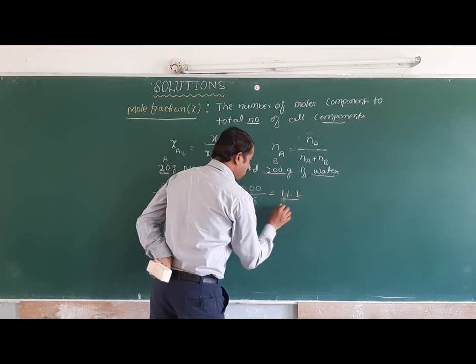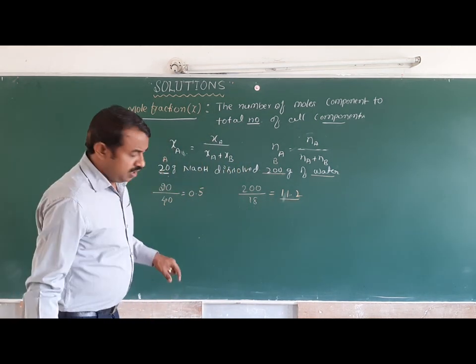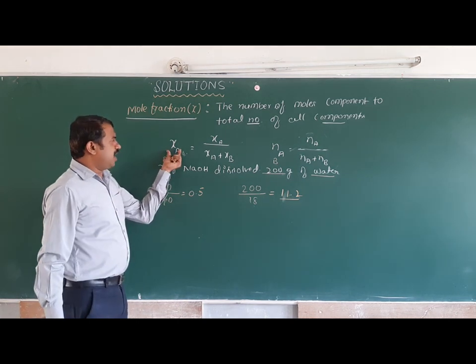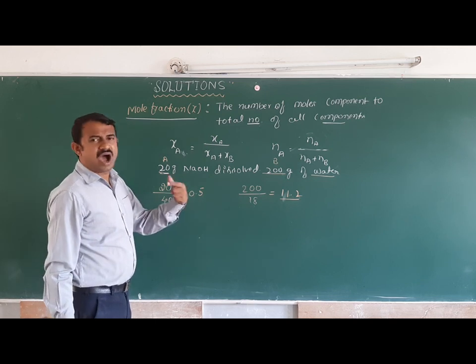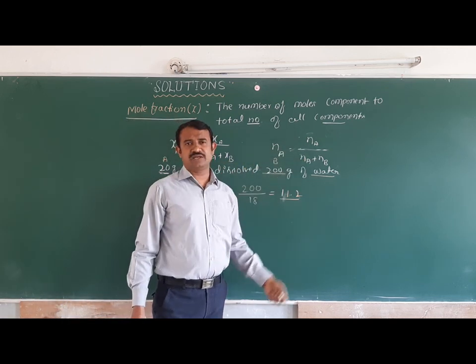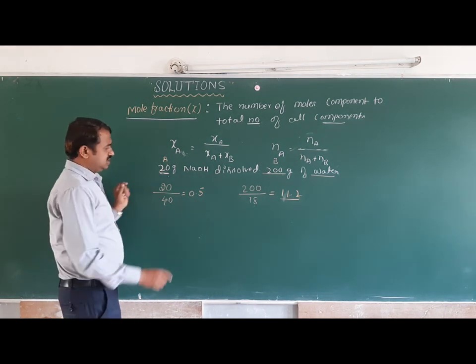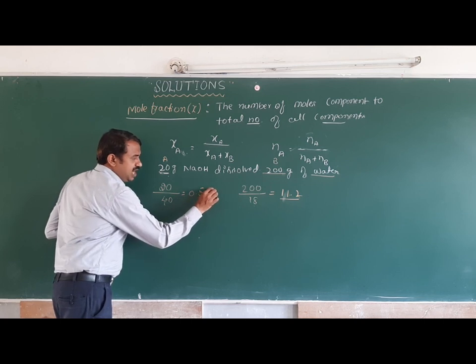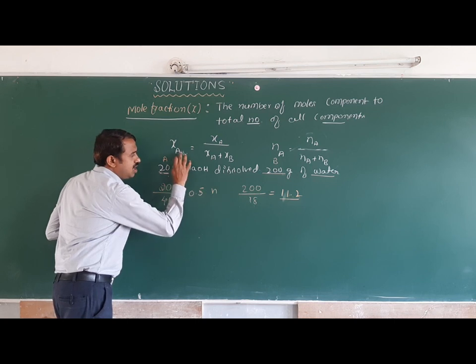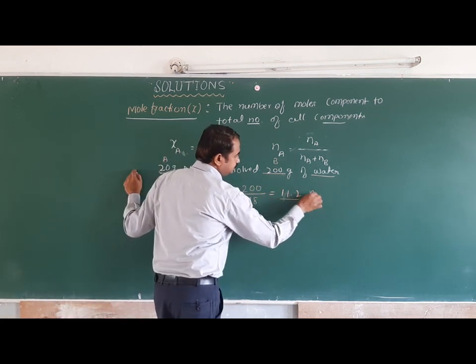This is the number of moles. You have to calculate the mole fraction, using XA equals NA divided by NA plus NB. Here 20 divided by 40 gives 0.5. We consider this NA and this NB.